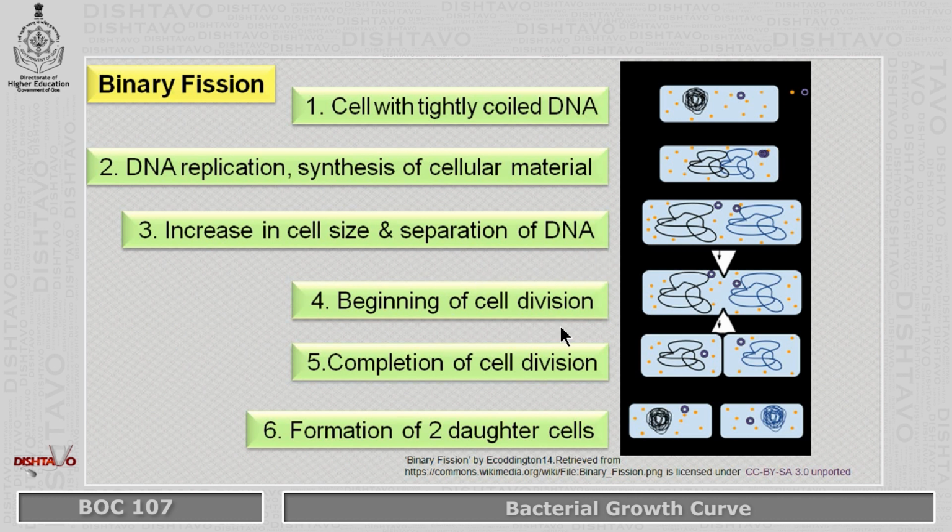The next is the beginning of cell division. The cell divides by the constriction or the invagination of the cell membrane. Completion of the cell division takes place by the formation of two genetically identical daughter cells.